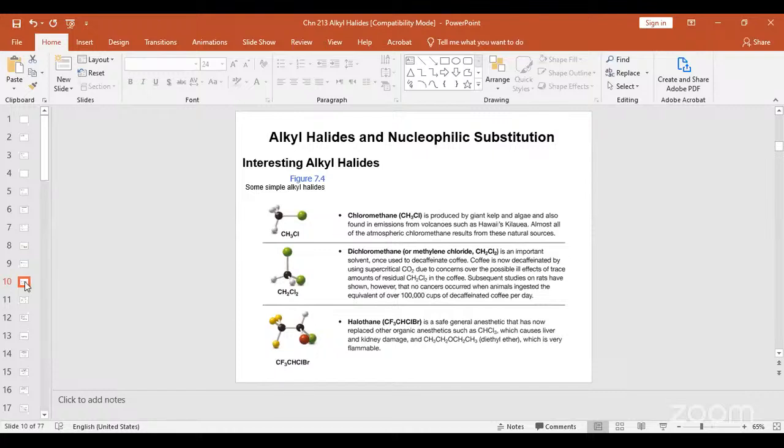We are also having an anesthetic, that's a safe anesthetic that is used during operations.